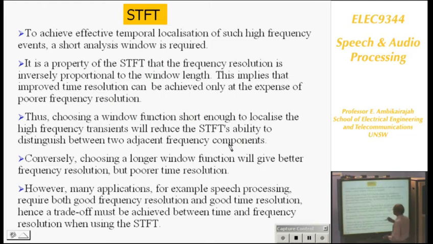So let's look at the short-time Fourier transform in more detail. To achieve effective temporal localization, say you have a signal here with a small transient, and the signal is smooth, and then another transient. This is time, this is amplitude. If you do time frequency analysis, that is time and frequency, we want to retain those peaks.